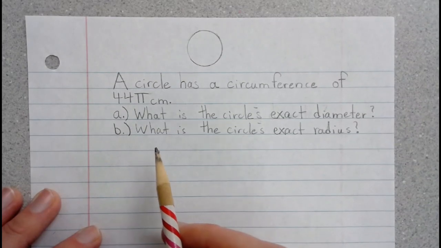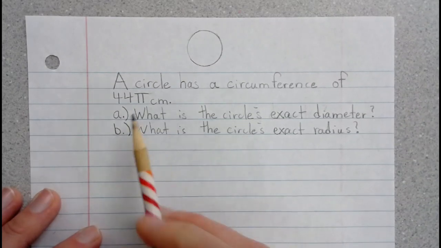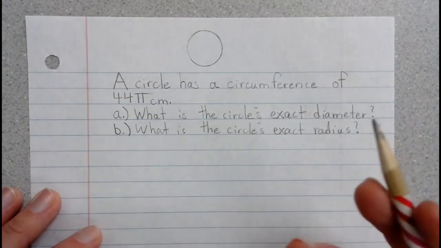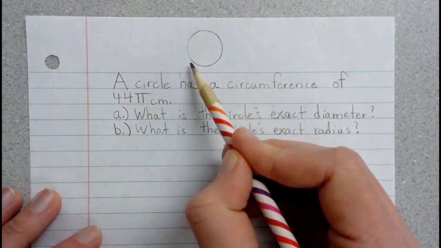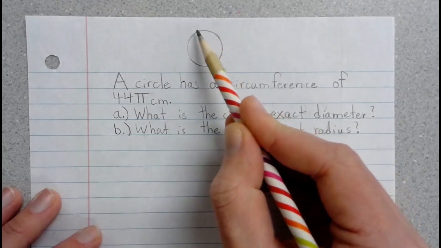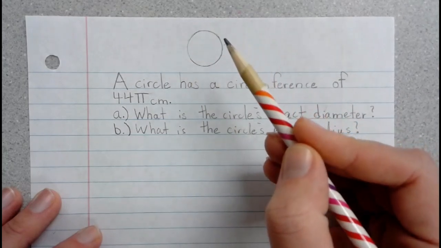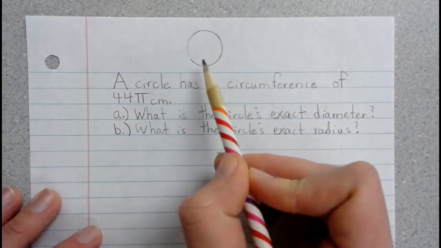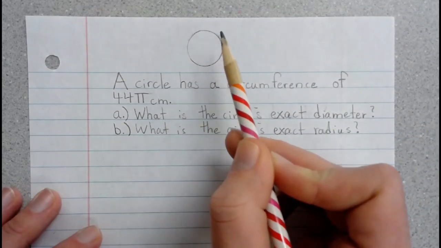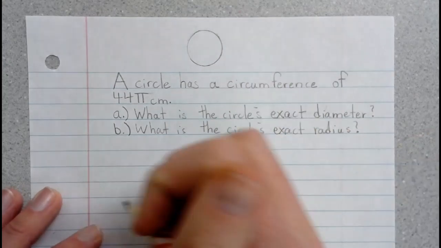So a couple things we need to remember before we dive into these questions. What is circumference? Well, circumference is just our distance around the edge of our circle. Its circumference is equal to pi times diameter, or pi times 2 times radius.